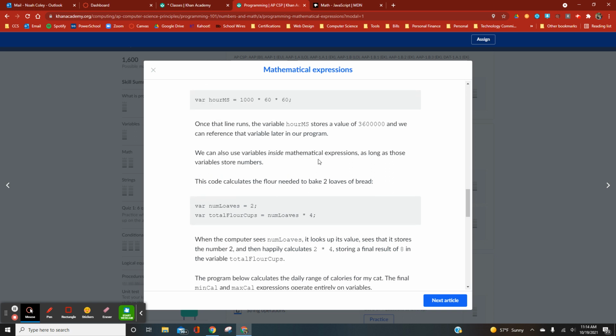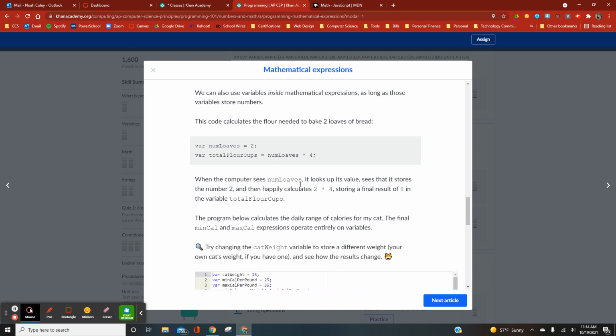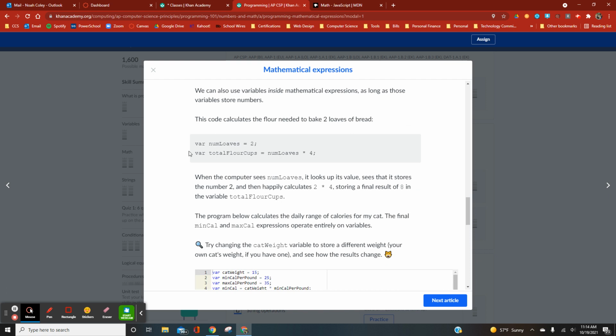We can also use variables inside mathematical expressions, as long as those variables store numbers. Okay. This code calculates the flour needed to bake 2 loaves of bread. So let's think this through. I have a variable called number of loaves, and that's equal to 2. Now, I need a variable called total flour cups, because I'm trying to figure out how much flour is in there.